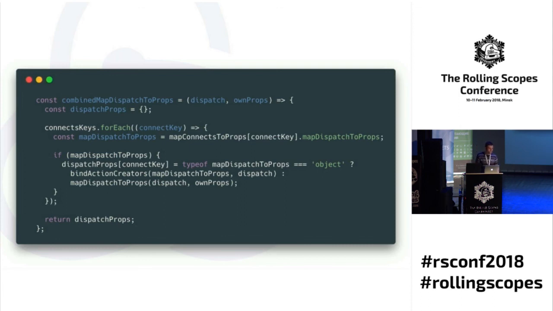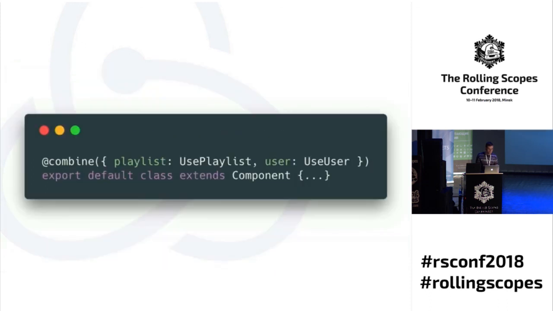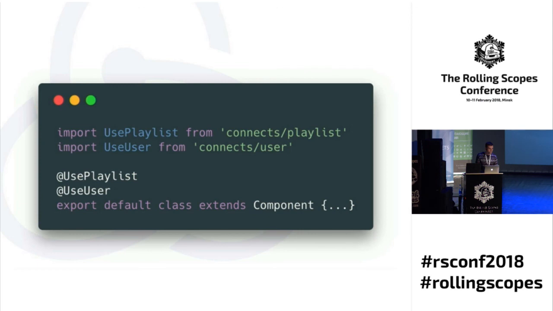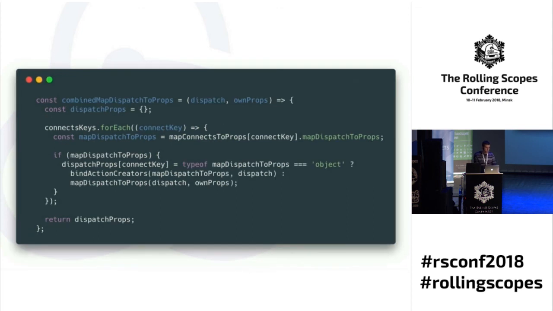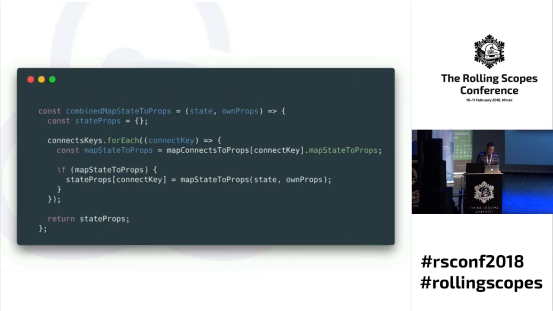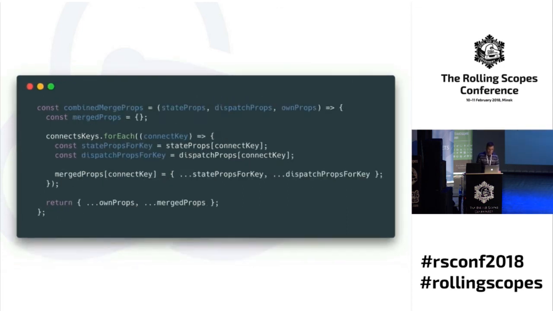Okay, and second question, is it a big problem when you have a lot of decorators and you have a very deep component tree? Redux tree, you mean? No, React tree. Yeah, React tree. As I mentioned, I try not to wrap anything with Redux decorators.